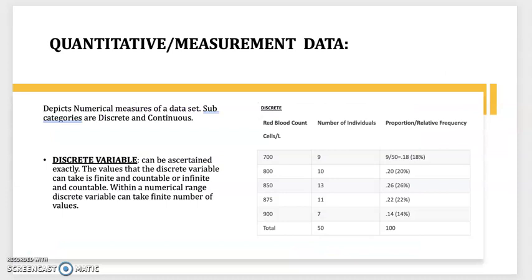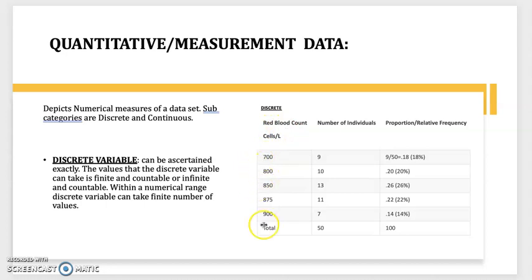Let's see the quantitative example. For the quantitative example, the numeric measure of a data set, the subcategory can be discrete or continuous. Let's see the discrete variable first. Here the discrete is the red blood count. We only have specific numbers, like 700, 800, 850.